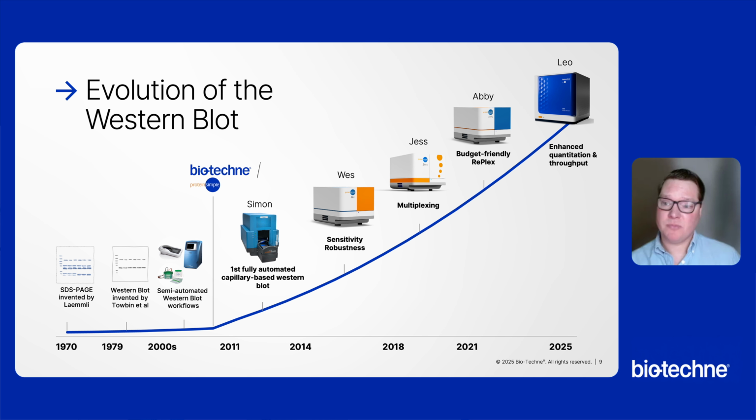In 2018, the Jess system added multiplexing capabilities, and in 2021, a budget-friendly Abby system included a method called Replex, a stripping and reprobing alternative to maximize data obtainable from each sample and run. Simple Western enables enhanced quantitation and throughput, so researchers can use Western-based readouts for applications they would never consider using a traditional Western blot for, including both upstream and downstream development and commercial stage assays.